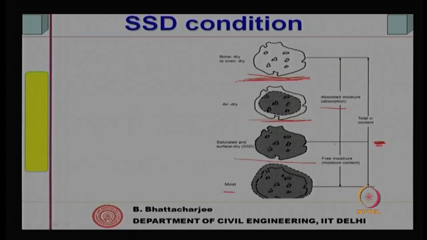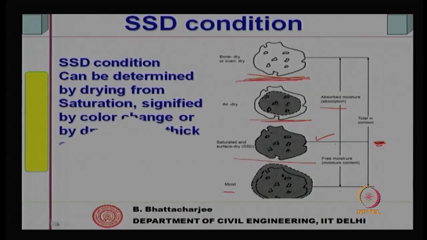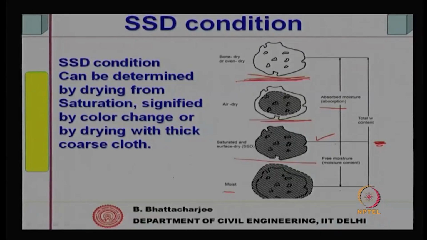So, that is why saturated surface dry condition is used as a standard condition. This can be determined by drying from saturation, signified by a color change, or by drying with thick coarse cloth. So, you take a thick coarse cloth, flannel or something of that kind, wipe off the water from the surface, and that is SSD condition.